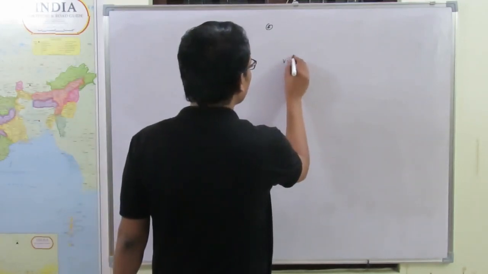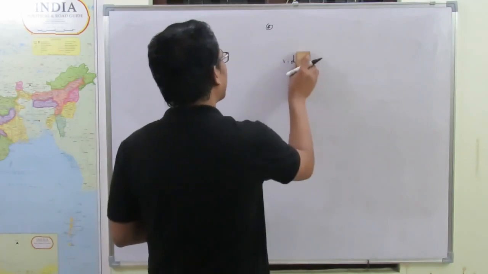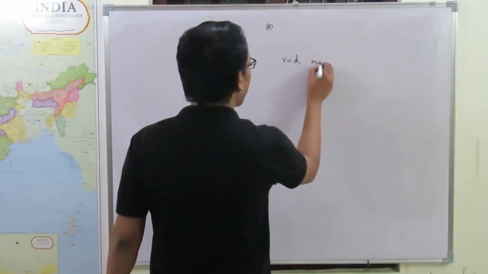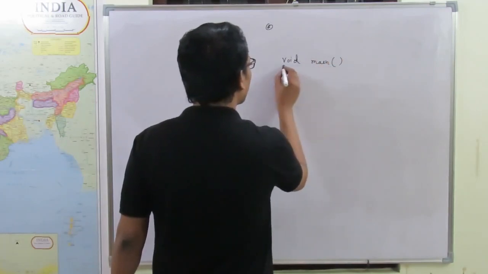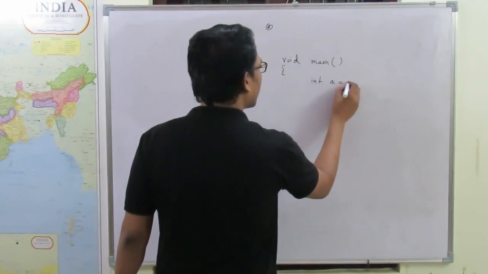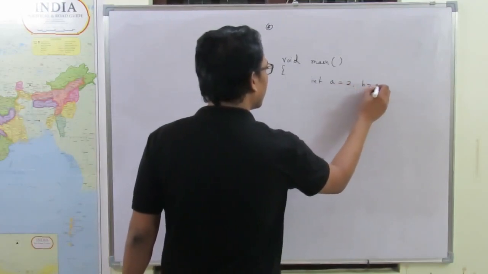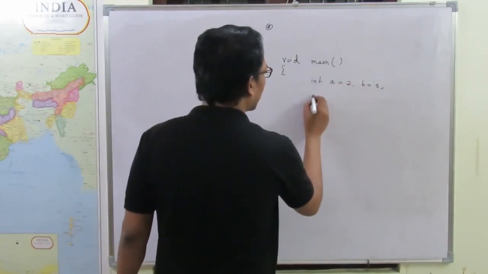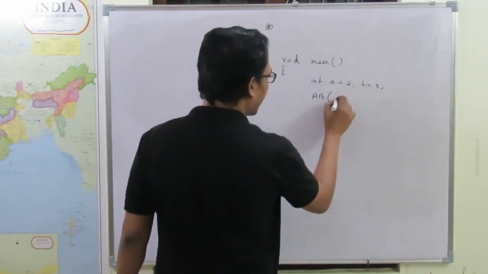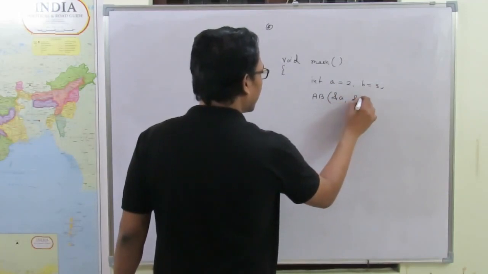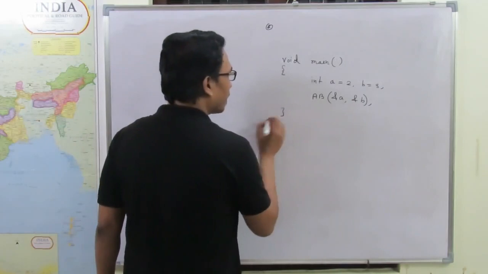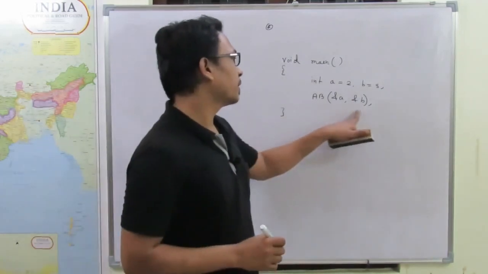Again, first the entry point function is void main. From this main function, int a contains 2, b contains 3, and then we call a function called ab, and pass the address of a and then the address of b. Now the signature of this particular function.